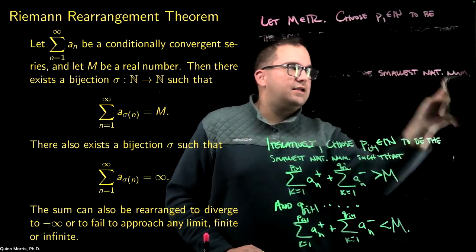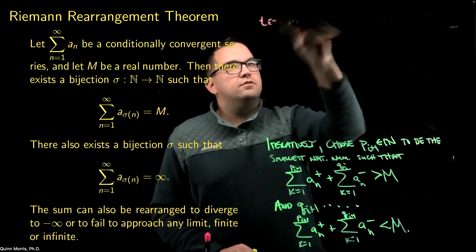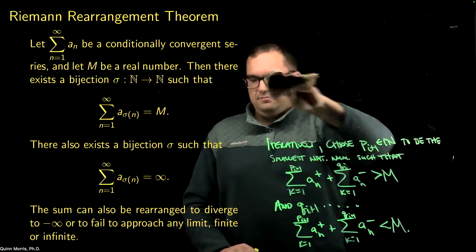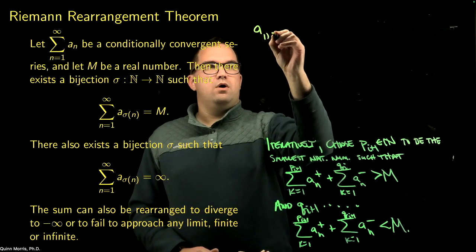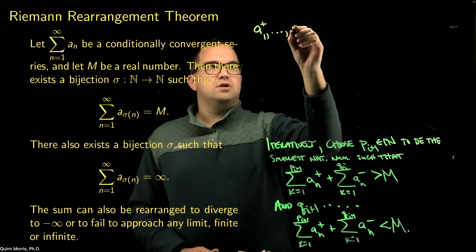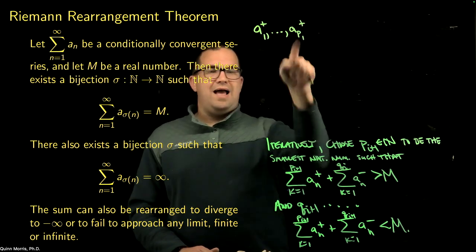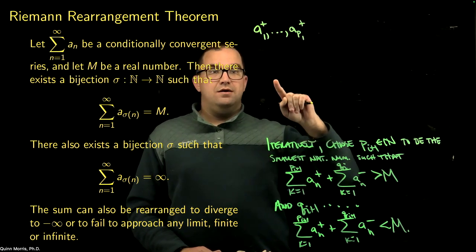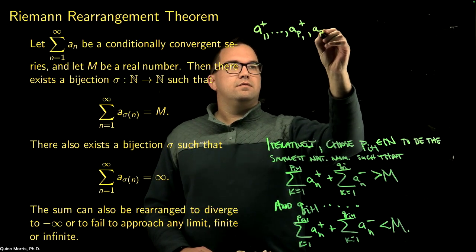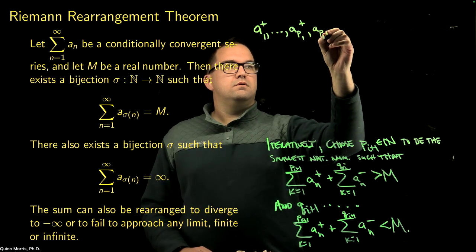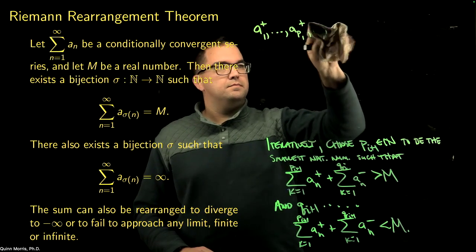So the idea is I can rewrite the terms in my series as A1 plus all the way up to A sub P1 plus. So these are all the positive terms that when I added them together, took me above the value M. Then I started adding in negative terms.